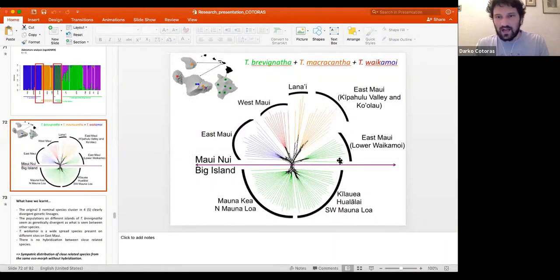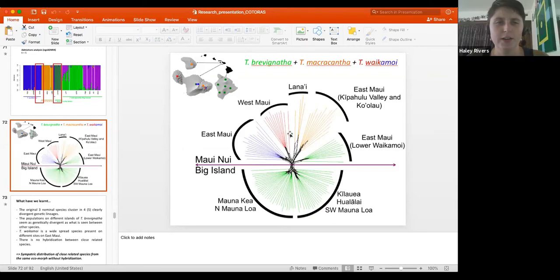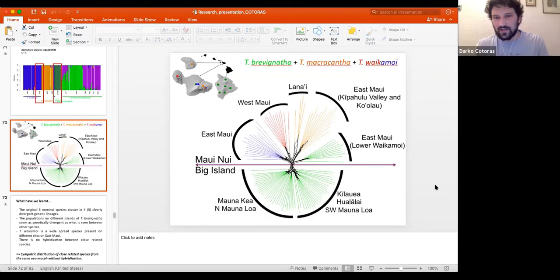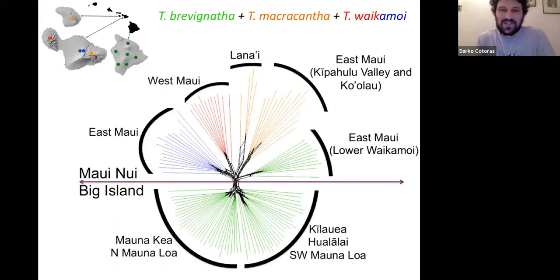Yes. Great. I think I disappeared when I was talking about Waikamoi. Is that correct? That sounds correct to me. Okay, so I'm gonna start a little bit before there, just in case. Apologies for this problem with the connection.